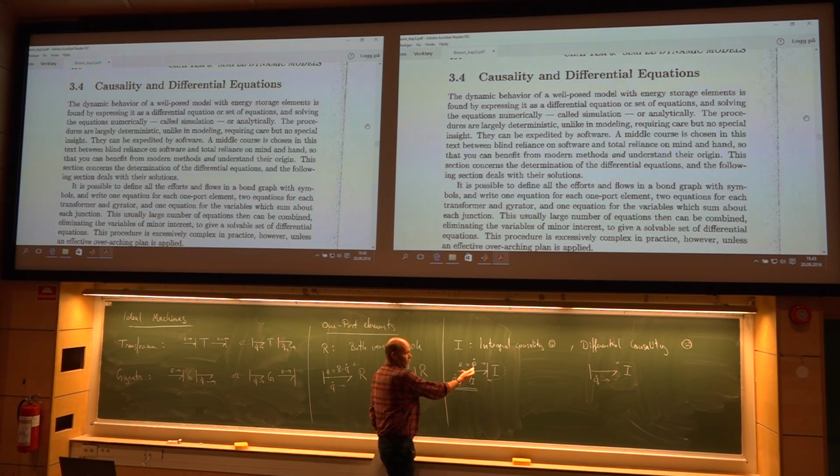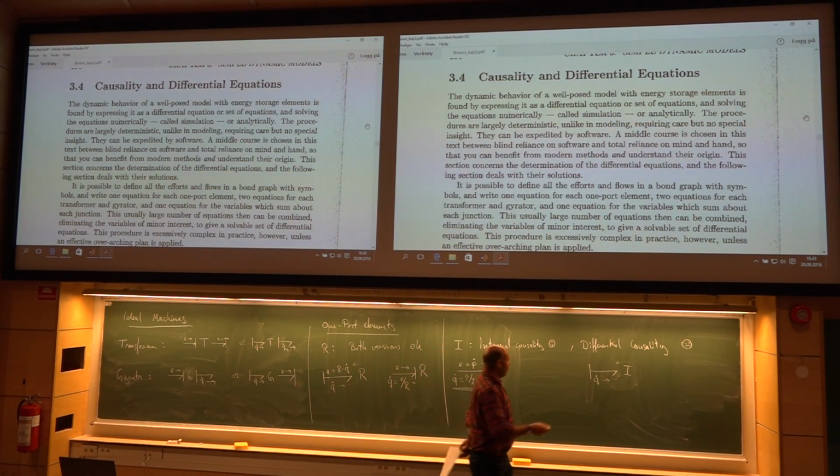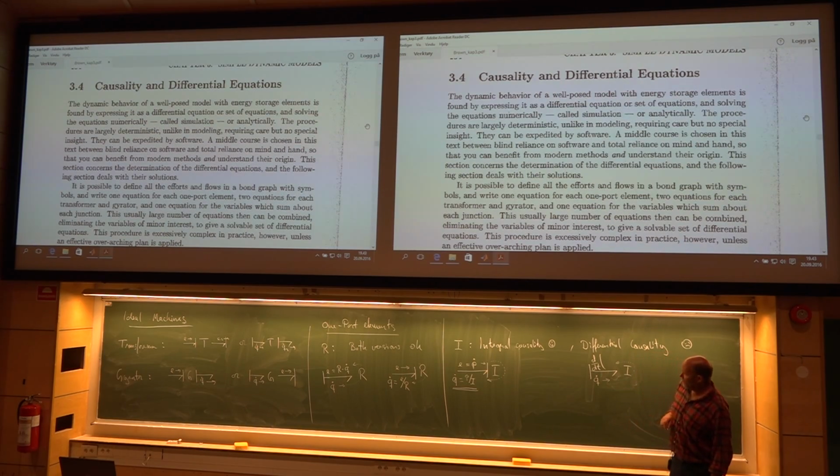On top, I want a P dot. From this equation, I can calculate a P alone. P is just the flow multiplied with the inertance. But then I have to take the time derivative. So here, the differential form, d/dt of, and then here I will have the flow, Q dot, and the inertance. So this is the way to do it if you have to.